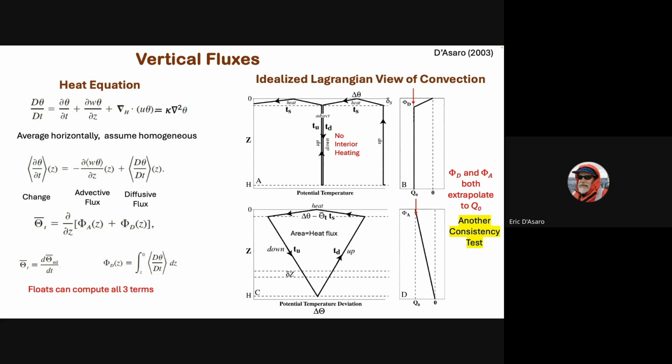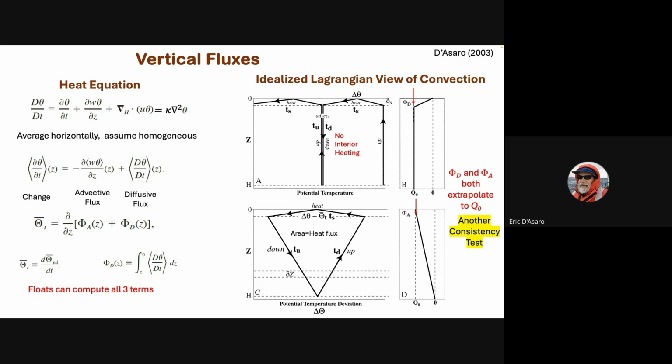What happens in a Lagrangian view of, say, convection? That's this diagram here. So this is temperature, don't worry about the word potential, on this axis, depth on this axis, and this is a phase diagram. Suppose I'm a piece of water sitting near the surface of the ocean, and the water is cooling. Well, it'll get colder.